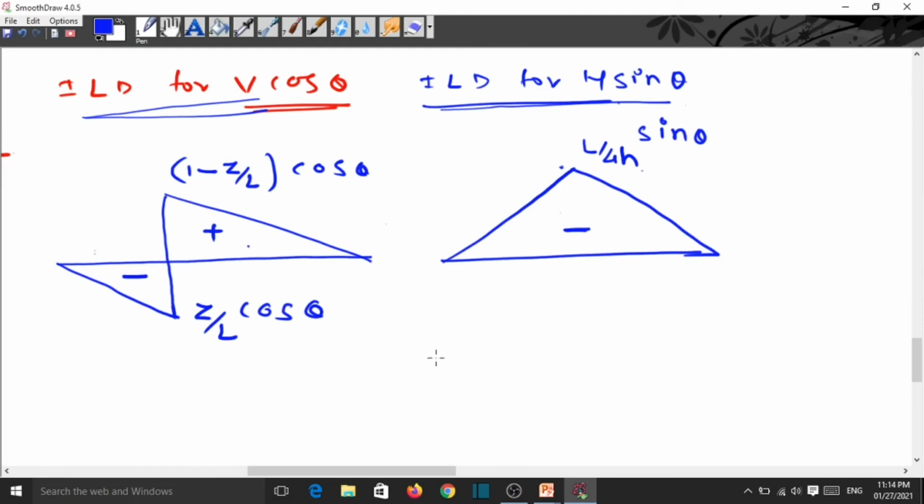So now if you draw this diagram, it's like this, suppose.